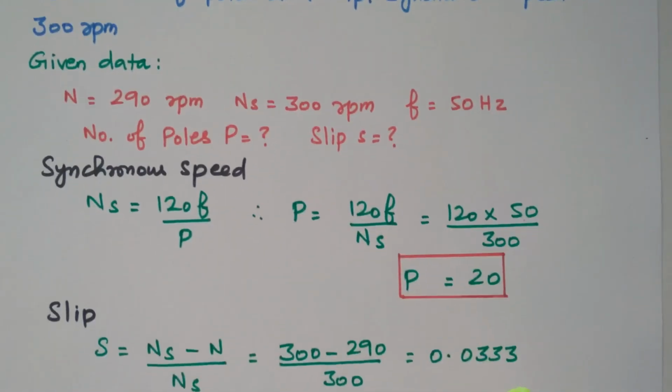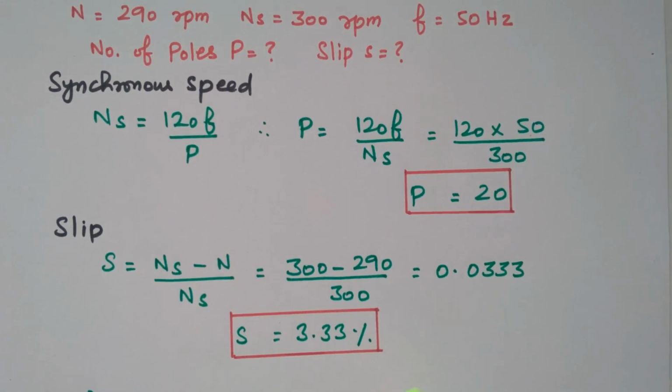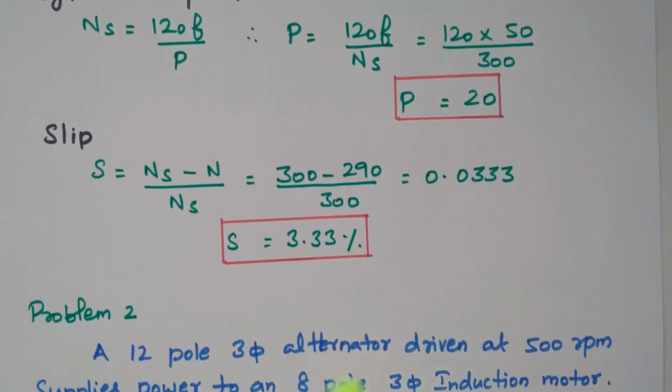Now we will go to the slip of the induction motor. The formula is S equal to (ns minus n) divided by ns. That is the difference between the synchronous speed and the rotor speed divided by the synchronous speed. The synchronous speed is 300.